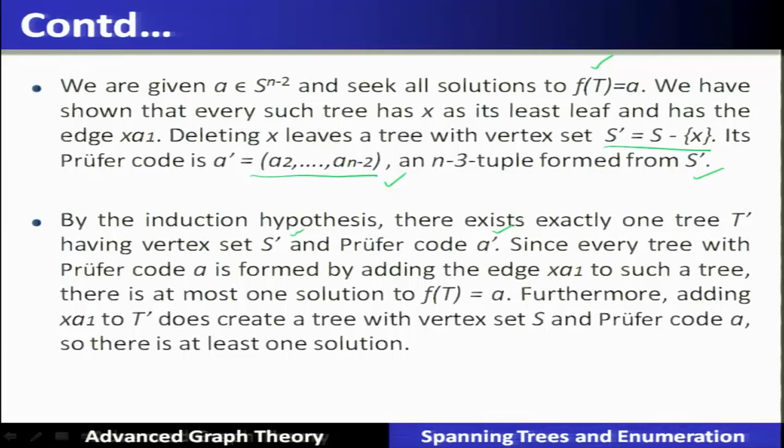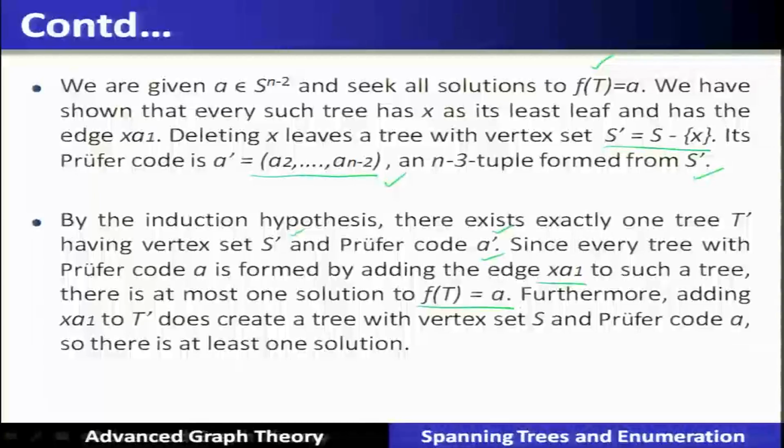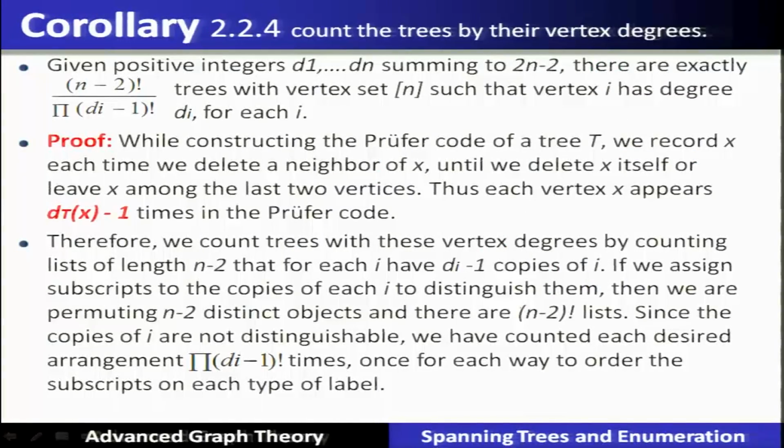Since every tree with the Prüfer code A is formed by adding an extra edge x A1 to such a tree, there is at most one solution to f of T equal to A. Furthermore, adding x A1 to T prime creates a tree with the vertex set S and the Prüfer code A. So, there is at least one solution. So, that gets proved.